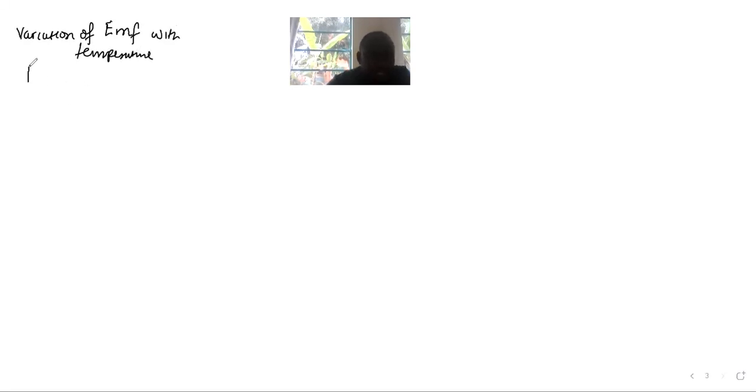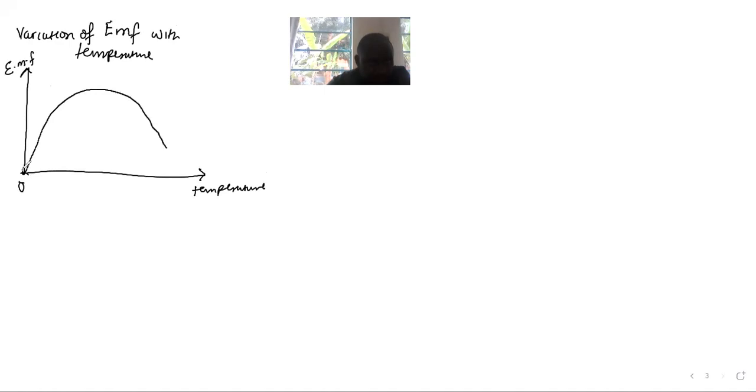This variation takes a shape like this one, whereby if this is temperature, and this one can be our EMF. So for that note, the graph looks like this. This is what we call the neutral temperature.